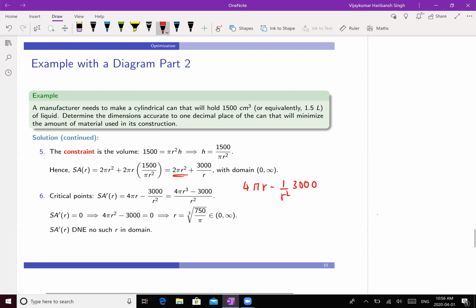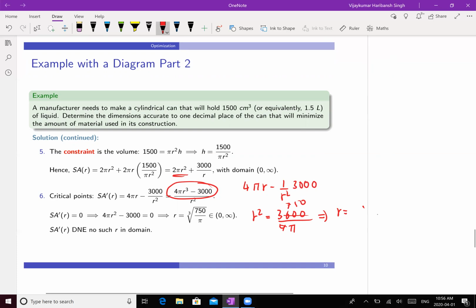So s prime equals 0 would imply the top is 0, which would mean 4 pi r square minus 3000 is 0, which means r square equals 3000 divided by 4 pi, which means r equals, cancel 4, and so they'll get 750.